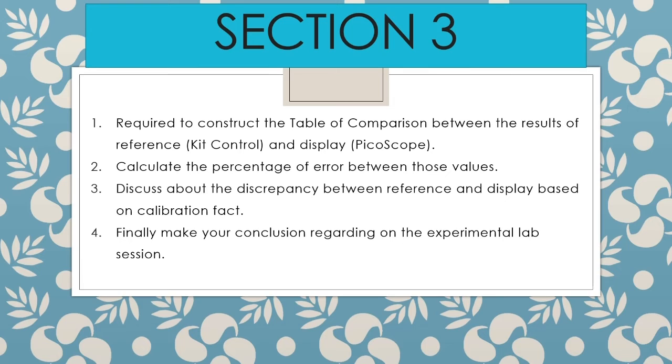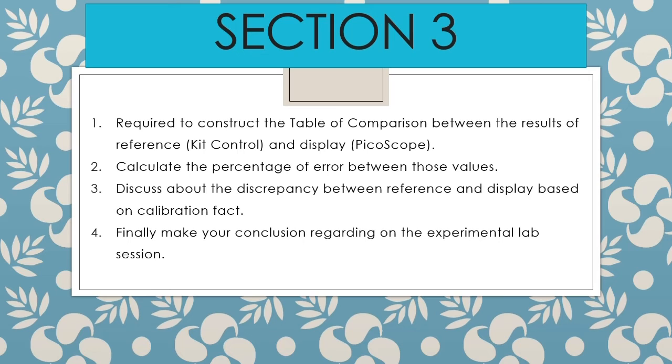Assalamualaikum. My name is Muhammad Nur Afiq bin Hasni. I will continue this video presentation with the explanation of section 3 and the conclusion of this laboratory experiment. For section 3, it requires us to construct a table comparing the reference result, which is from the kit control, and the display from the picoscope.